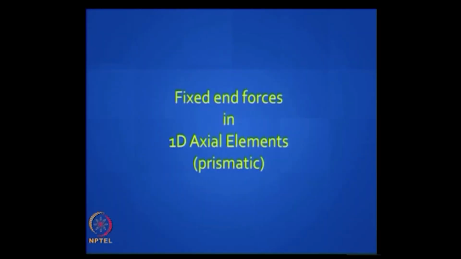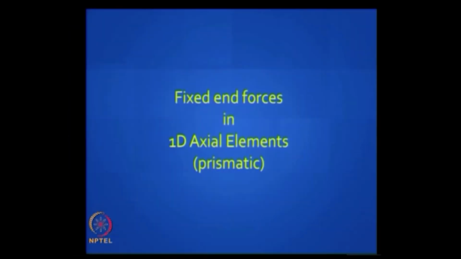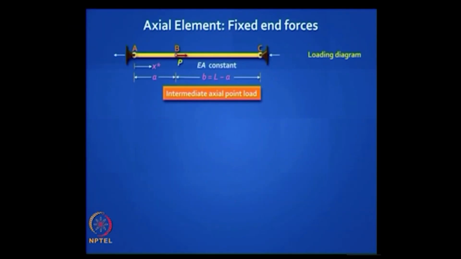Okay, theory is over. Now we get into problems, but before we do the problems, you will encounter intermediate loads in one dimensional axial system. So let us quickly finish that and then we will be ready. So let us say I have an axial element with an intermediate load P located at distance A, B, right.